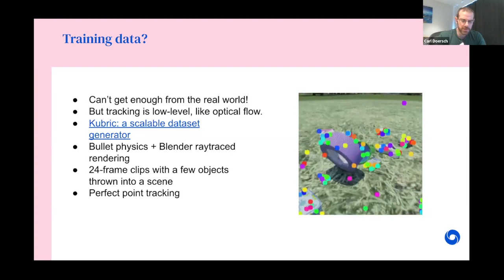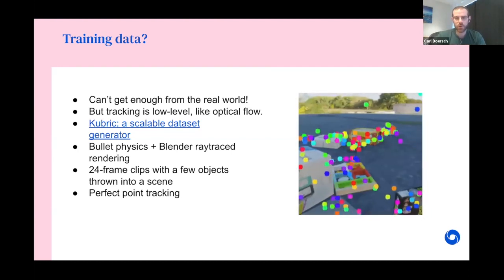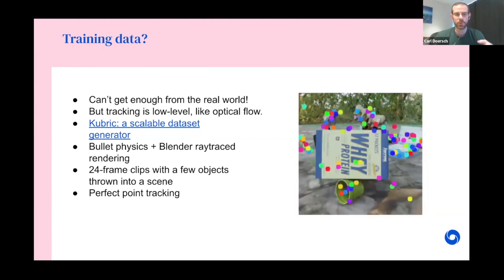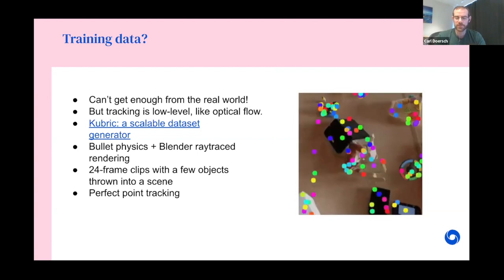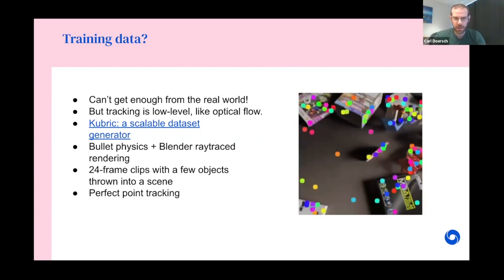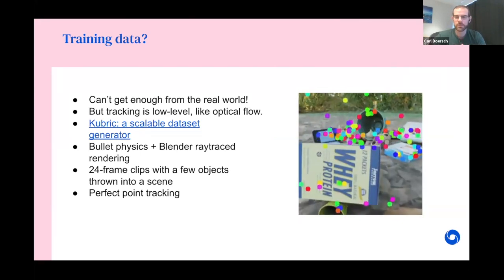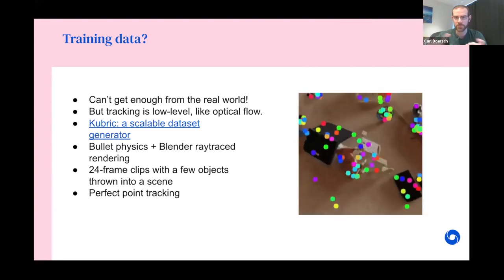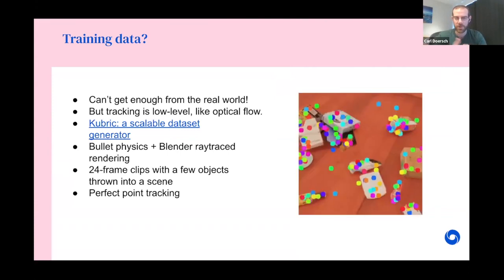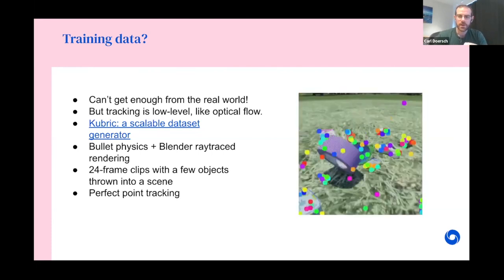And so the algorithms that work well on these problems are going to be the ones that can do dramatic generalization out of domain. And this is absolutely the case in point tracking. We simply don't have the data that we would like to have in order to train. And so if you want to perform well on this problem, you need to be able to transfer very well from simulators or whatever data you do have available to the Perception Test.